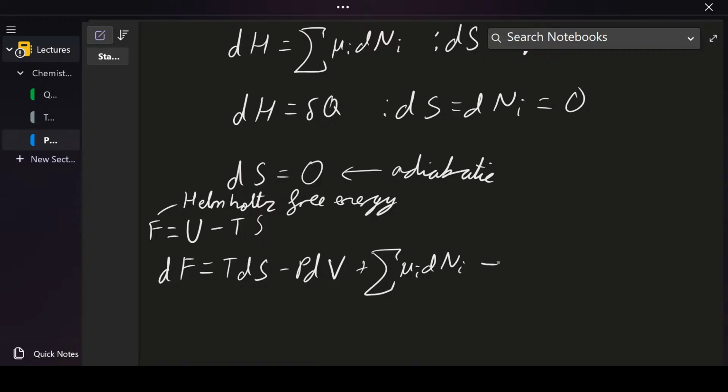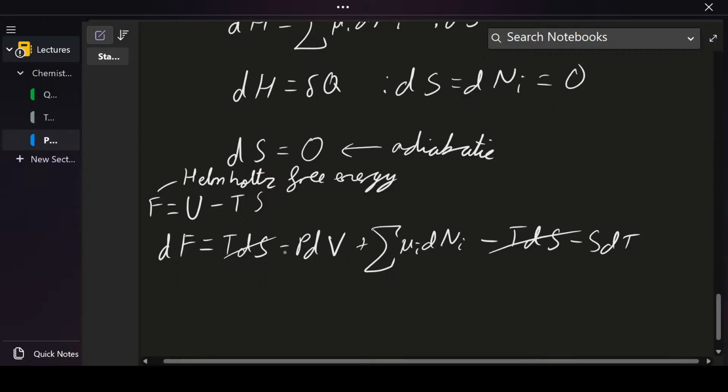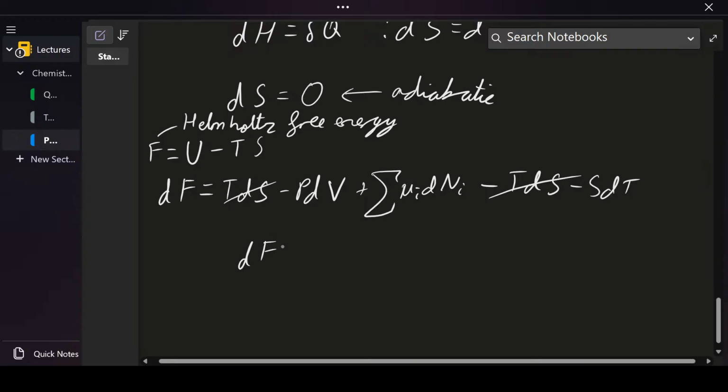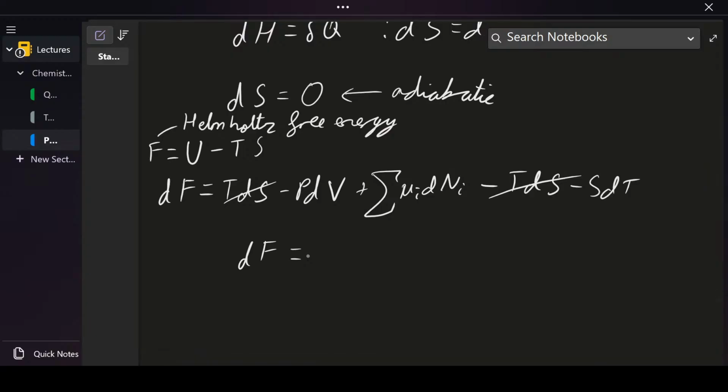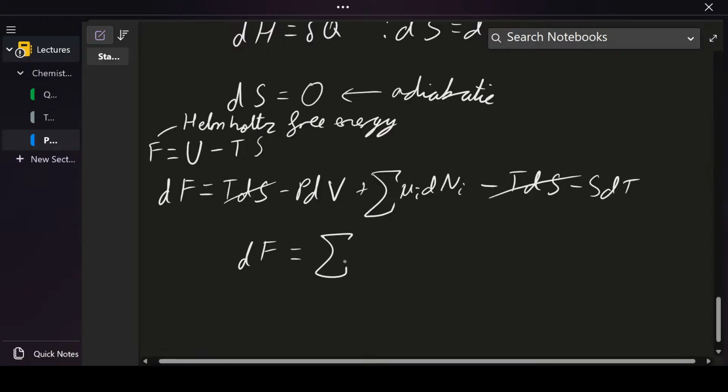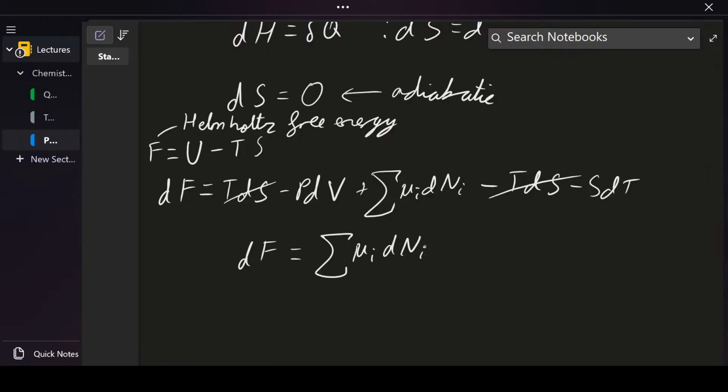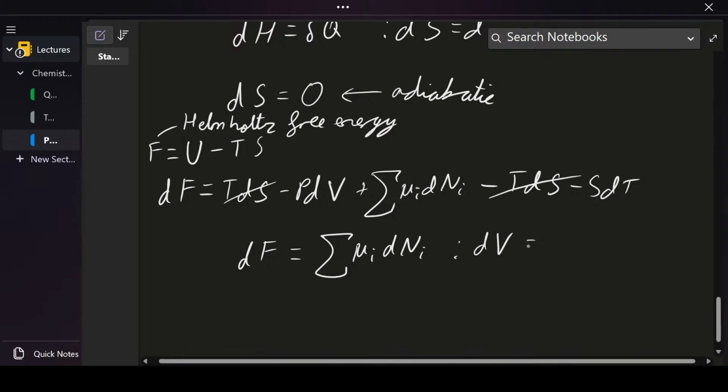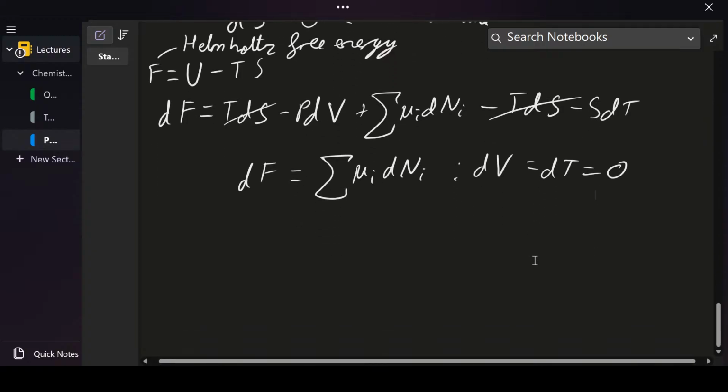And then this TS term is going to turn into minus TdS minus SdT. And so these are going to cancel out now. And so I'm able to look at the chemical potentials if I look at constant volume and temperature, which is a bit easier to achieve. And I can also look at the work I'm doing if I keep the chemical makeup and the temperature constant.